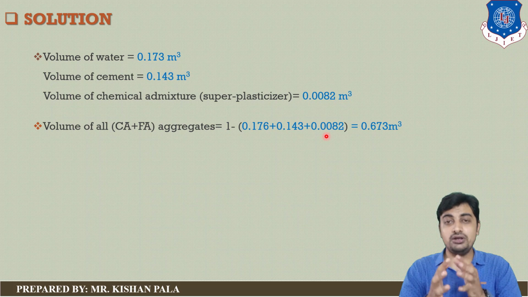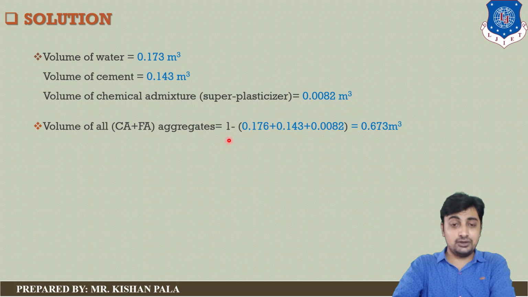So the total volume is the summation of the volume of aggregates, water, cement and admixtures. To find the volume of aggregates, we calculate 1 minus the volume of water, cement and superplasticizer, which leaves the remaining portion for the aggregates.